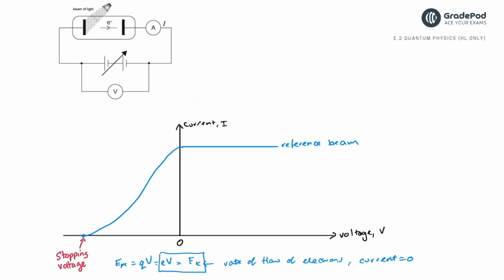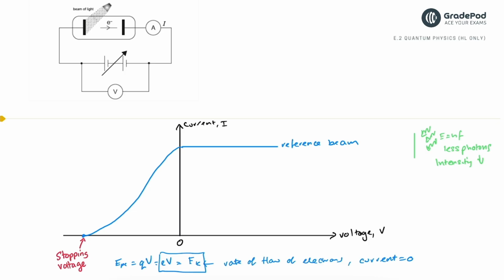Let's think about what happens when we alter the beam incident on that photoelectric plate slightly. Let's imagine we have the photoelectric effect here, with photons of the same frequency, but less of them. That's going to decrease our intensity, because intensity is the energy per unit area per unit time. So if we have fewer photons, there's less energy per unit area per unit time.